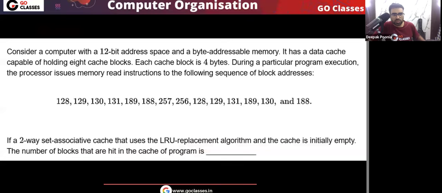So for all these blocks, first you find to which set they will map. Is this clear? So in this question, first you find the set number sequence.